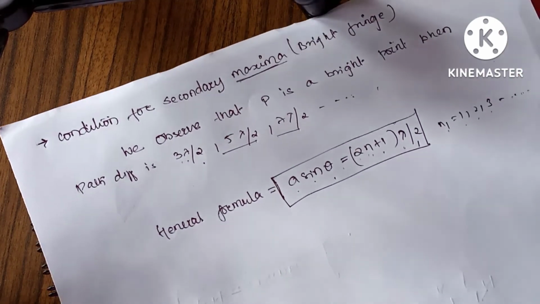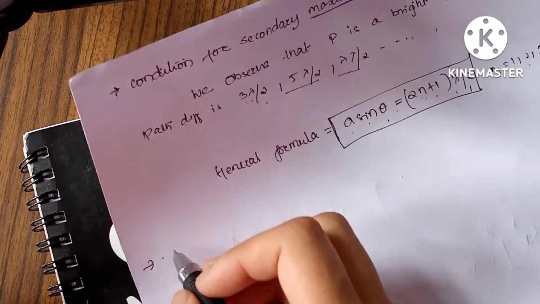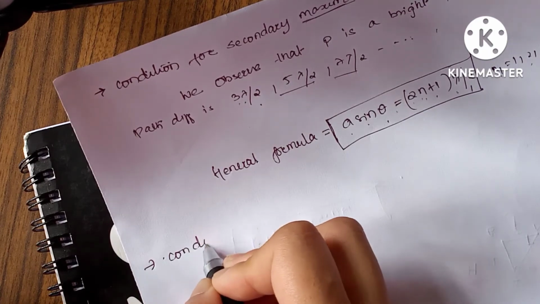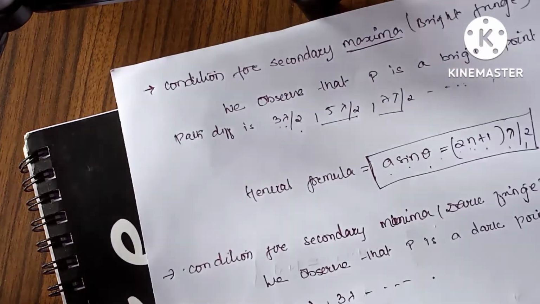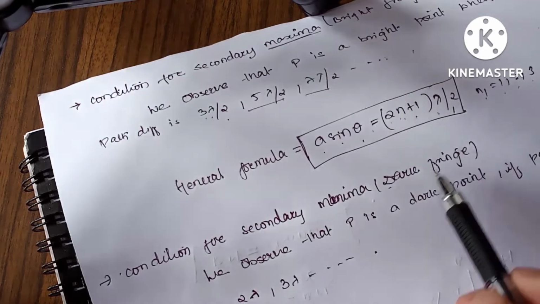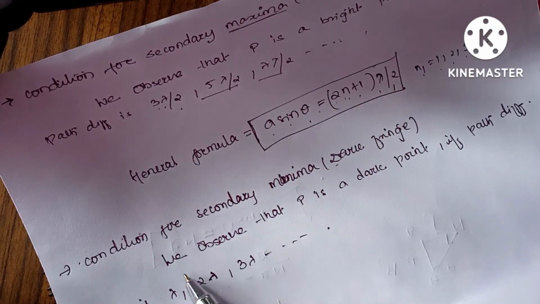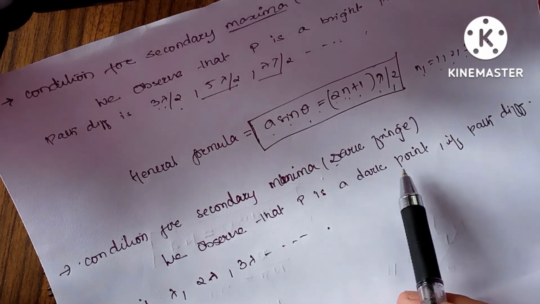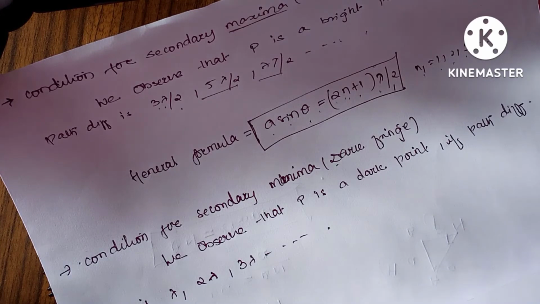And the condition for secondary minima, also known as dark fringe: we observe that P is a dark point if the path difference is lambda, 2 lambda, 3 lambda, and so on.